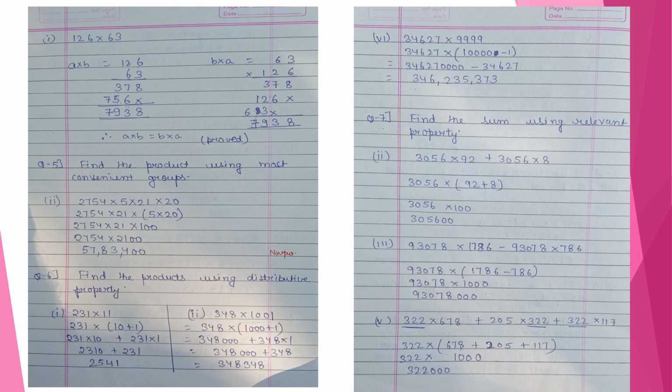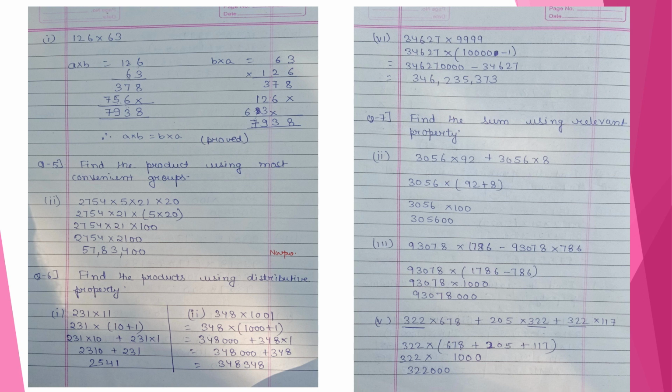Question number 7. Find the sum using relevant property. So I'm doing the second part here. 3056 into 92 plus 3056 into 8.